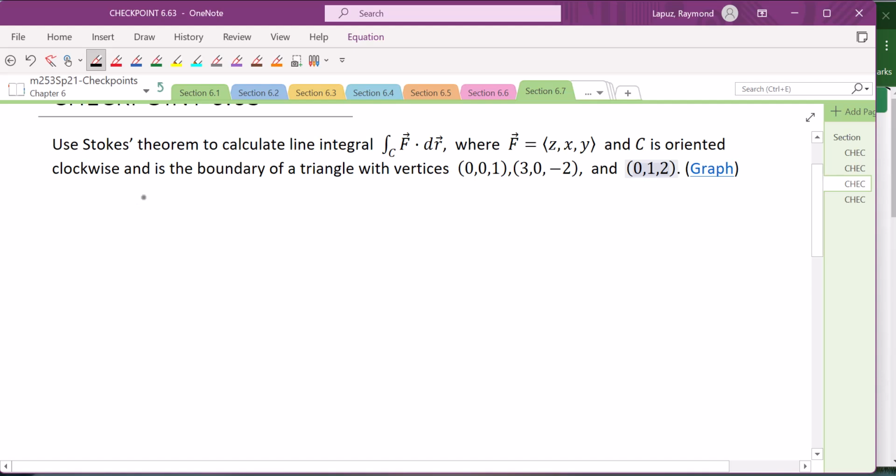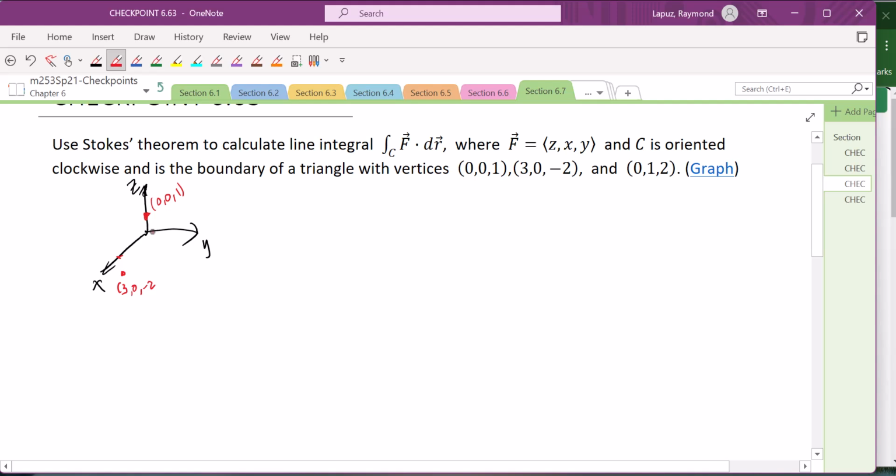Let's begin by trying to graph these points in XYZ space. It looks like I have the point 0, 0, 1, which is just up along the z-axis. I have a 3 in the x, 0 in the y, and then down 2 units, so this is 3, 0, negative 2.